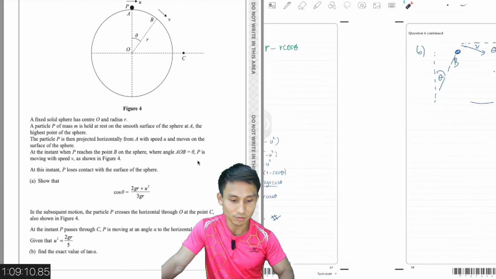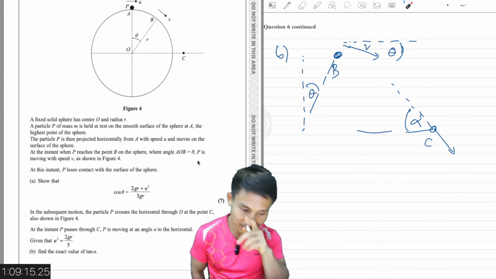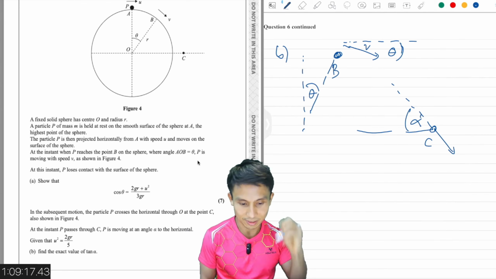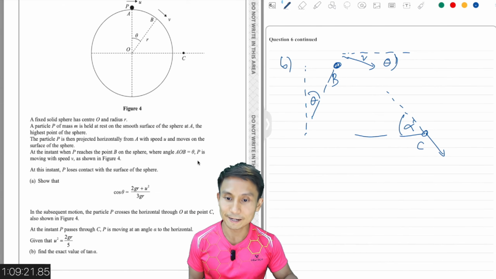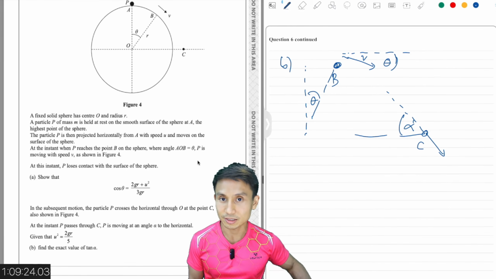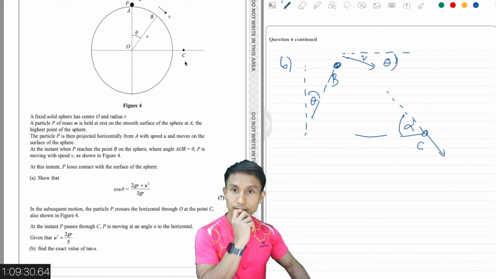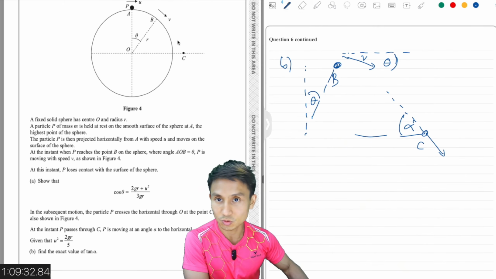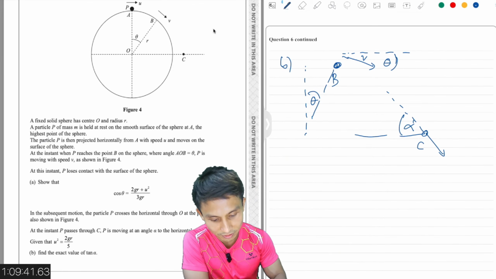Just do geometry there, and you will know that the depression angle of V would be theta as well. Okay, so we do SUVAT, projectile. We want the alpha here. We get some idea about the distance fallen here, which should be r cos theta. So distance fallen. Let's do vertical.